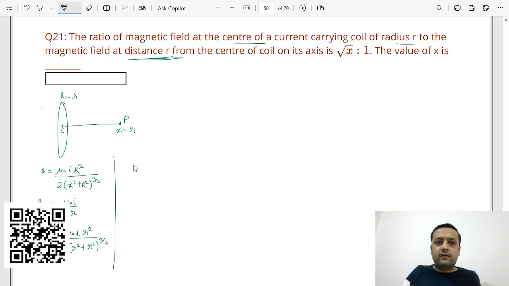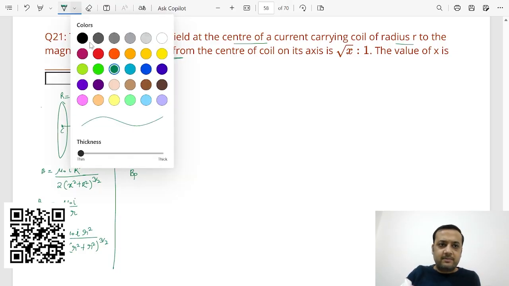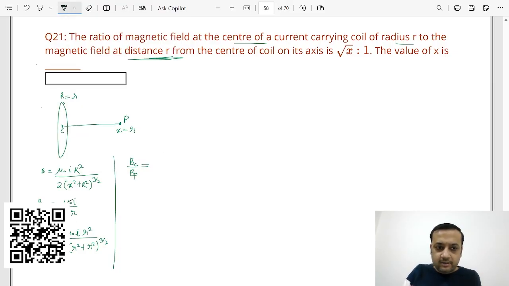All right, and now we have to take the ratio, that means we will take the ratio Bc by Bp. If you take the ratio Bc by Bp, you can see that mu naught and mu naught will get cancelled, I and I will get cancelled, 2 and 2 will also get cancelled. Here 1 by r will remain, and this r square will come in the denominator, along with (2r square) whole to the power 3 by 2.